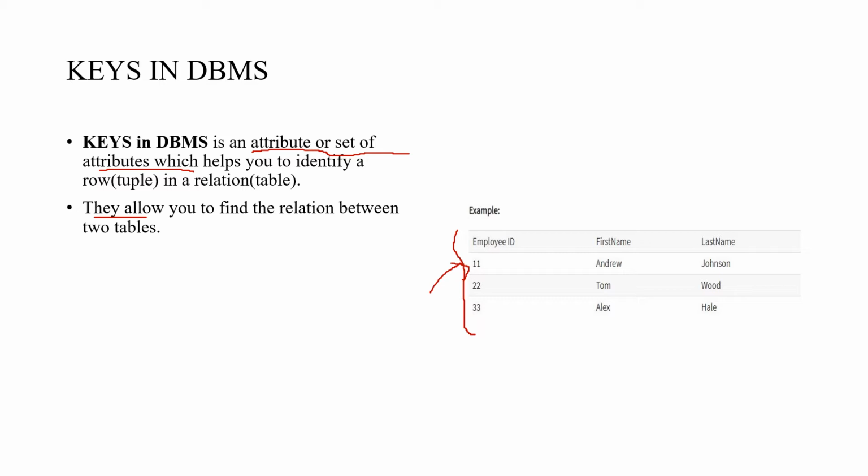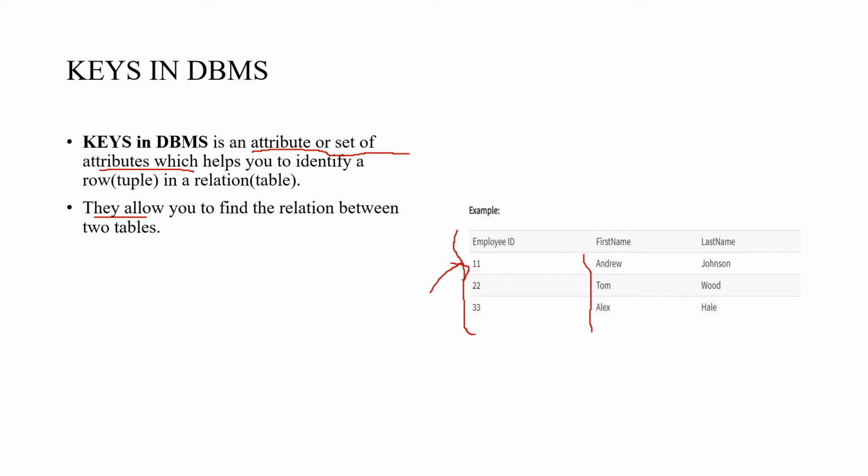There are duplicate names present here, or the last name is also sometimes similar. So here ID has a unique value. So this unique value is set as a key to identify or to find a particular record from the table.